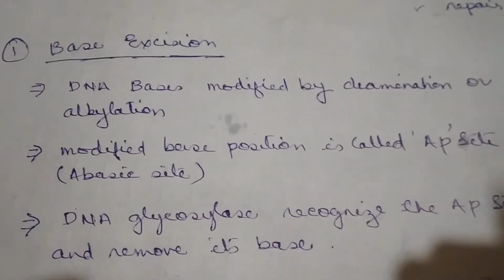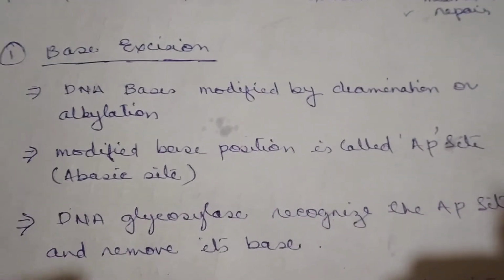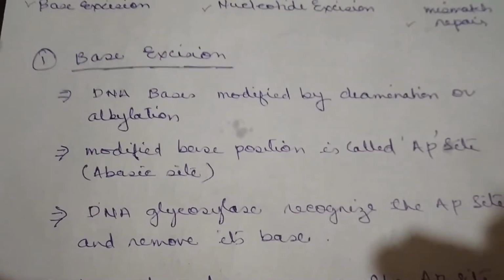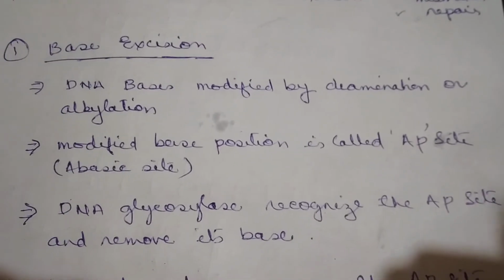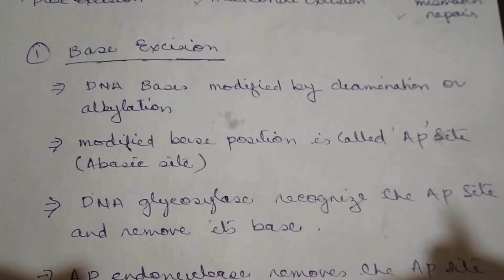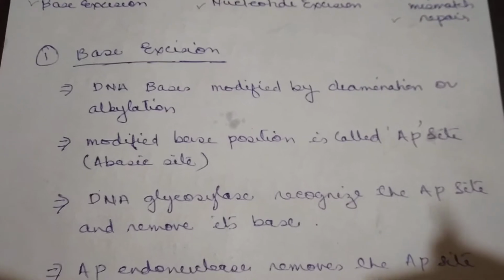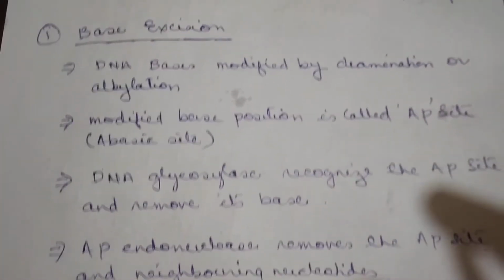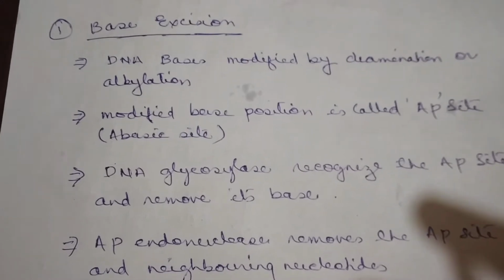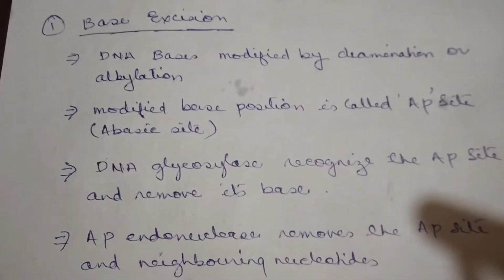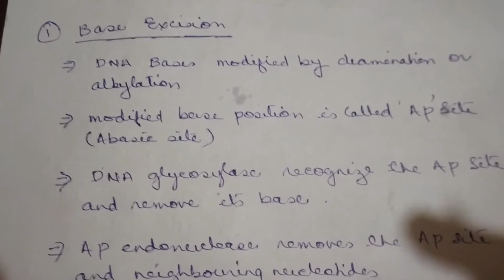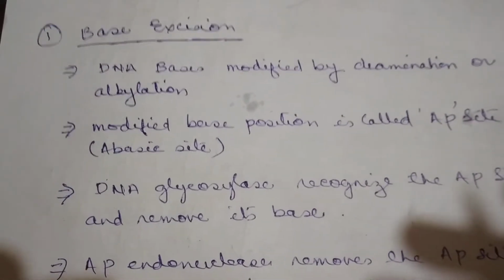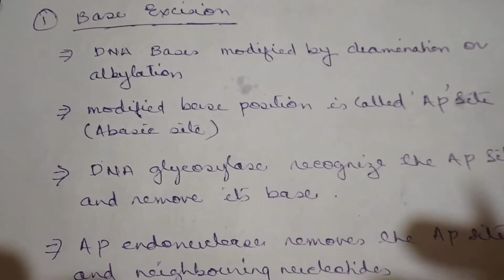The characteristic feature of this DNA glycosylase is that it removes only the base, but leaves the phosphate or carbohydrate moiety intact. So when the base is removed, there's a gap, the AP site.